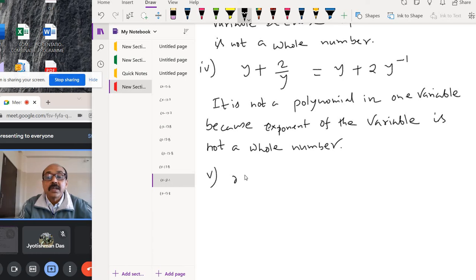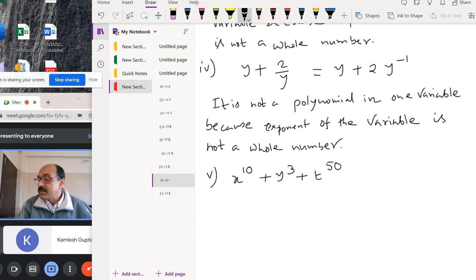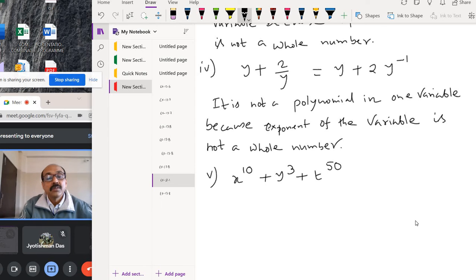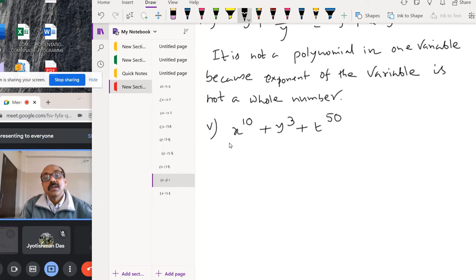x to the power 10 plus y cube plus t to the power 50. Okay. So is this a polynomial in one variable or not? See, 3 variables are here: x, y and t.